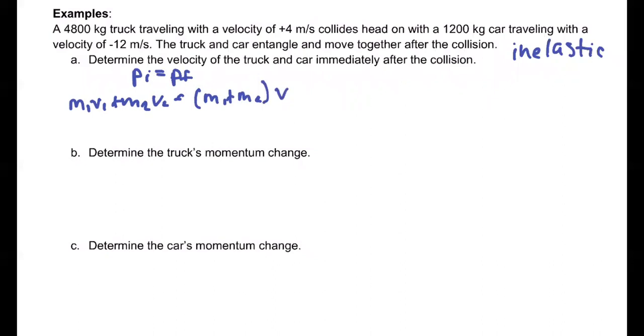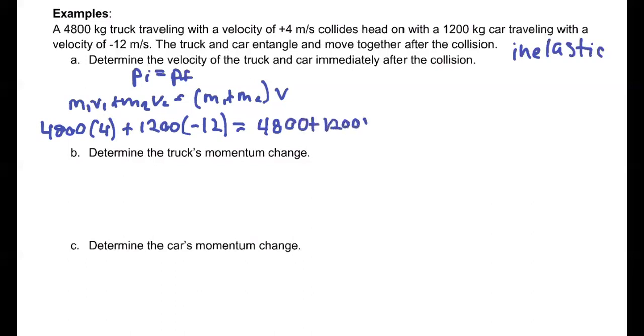So let's plug in our knowns. 4,800 times 4 plus 1,200 times negative 12 equals 4,800 plus 1,200 times velocity.